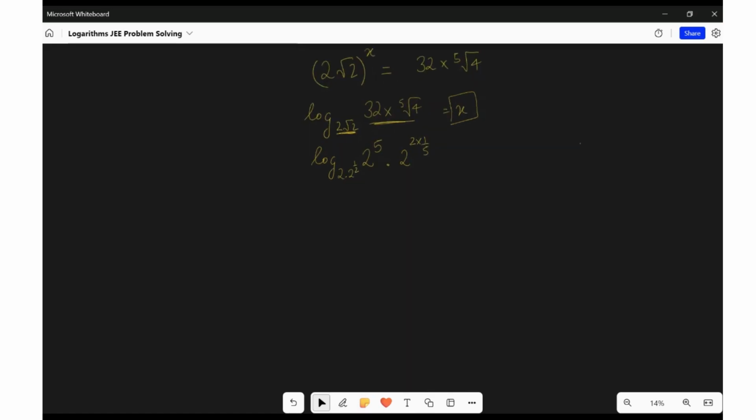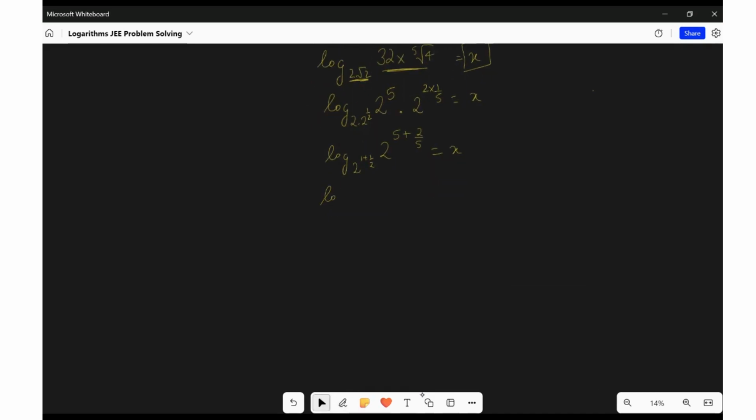So log of 2 to the power 5 plus 2 by 5, to the base 2 to the power 1 plus 1 by 2, is x. Now log of 2 to the power 27 by 5 to the base 2 to the power 3 by 2 is x.